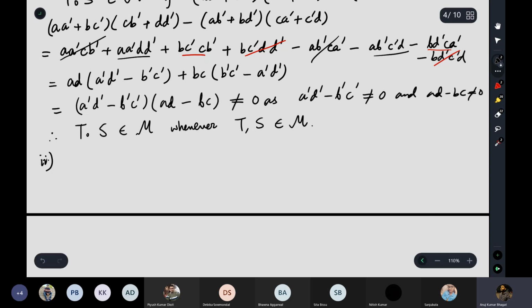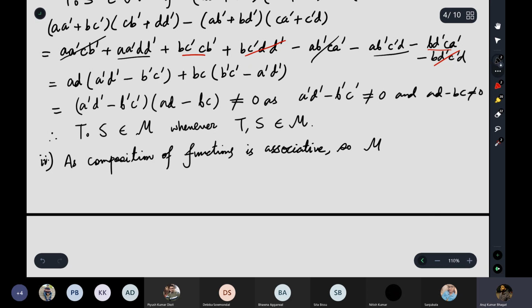What is the second condition for forming a group? Associative. Right. So that comes from the fact that composition of functions is associative, you know this fact.